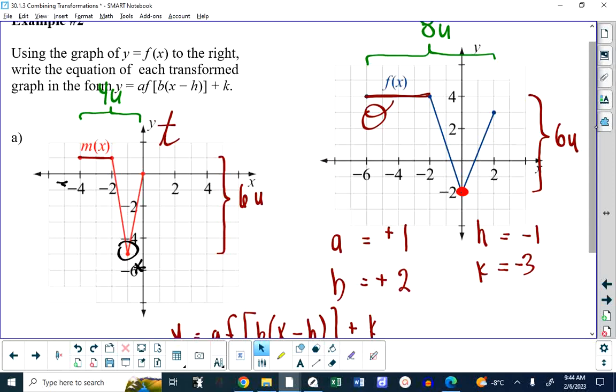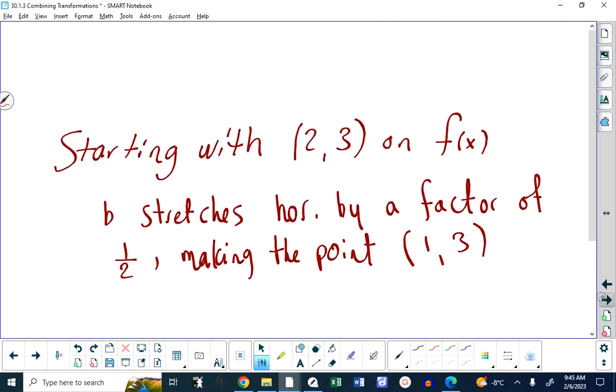Do you see why it doesn't move for the horizontal stretch factor? Because it's on the y-axis. So how do I get that, which is currently here, to be where it needs to be? 1 to the left and 3 down. And I won't keep you in suspense. You can pick any point you want. If you do things right, you're always going to end up concluding that it has to be 1 to the left and 3 down.